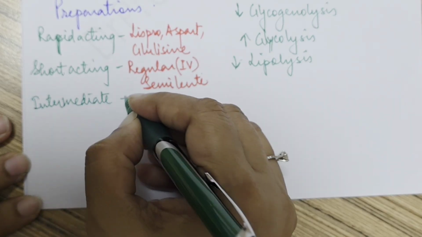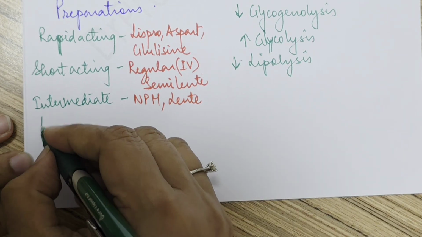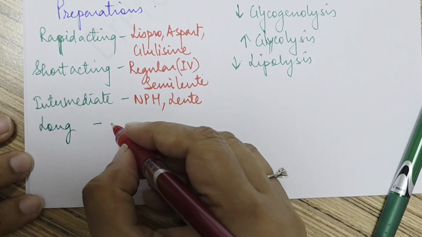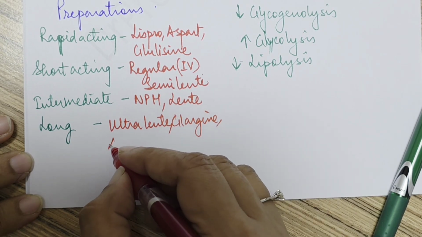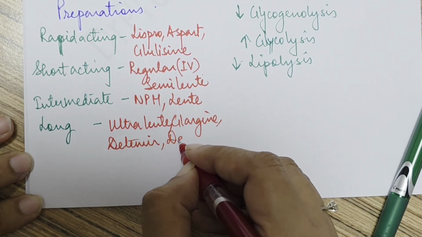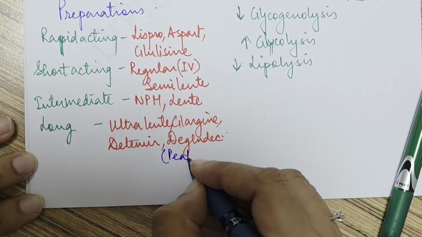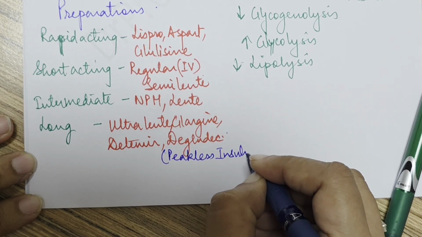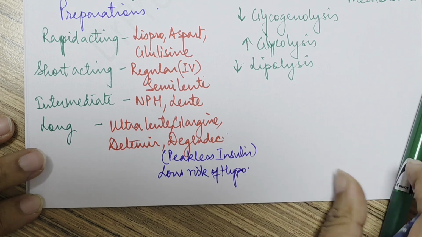Intermediate acting insulin: NPH and lente. Long acting insulin: ultralente, Glargine, Detemir, and Degludec. Important here is that Degludec causes peakless insulin. It has very low risk of hypoglycemia.